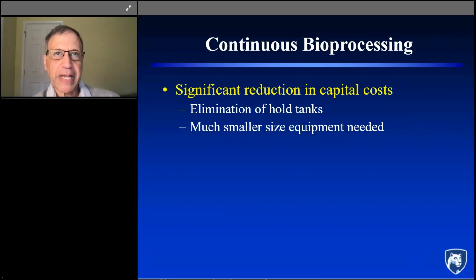In addition, because all of the operations are performed at the same time, the size of the manufacturing equipment shrinks dramatically for a continuous process relative to that for a batch process. And thus, the overall capital cost for a continuous process can be orders of magnitude smaller than that for a batch process.